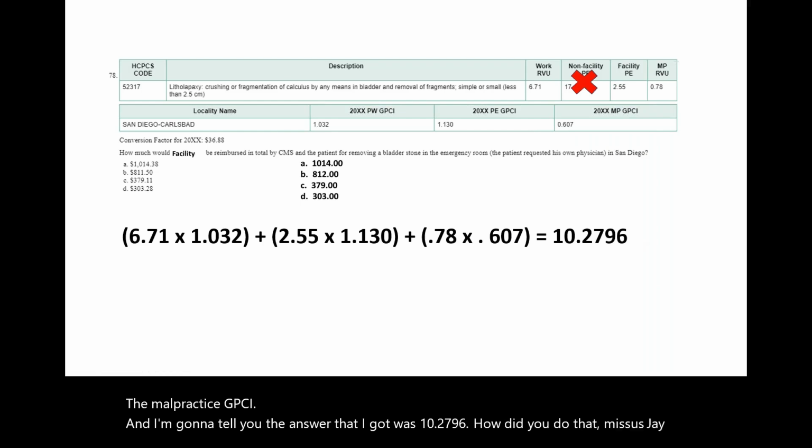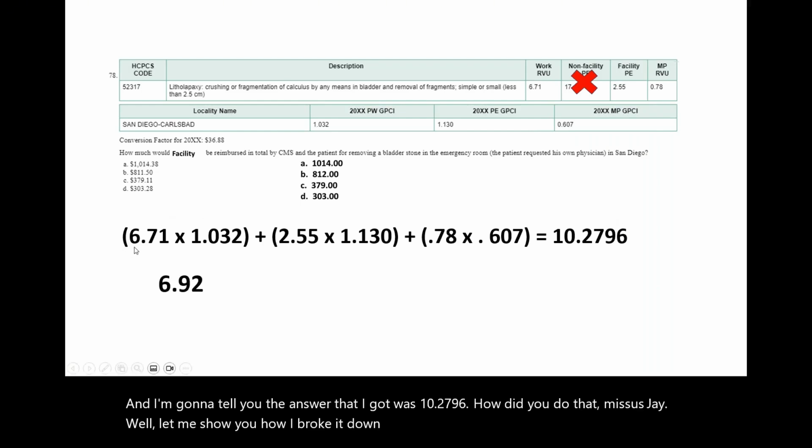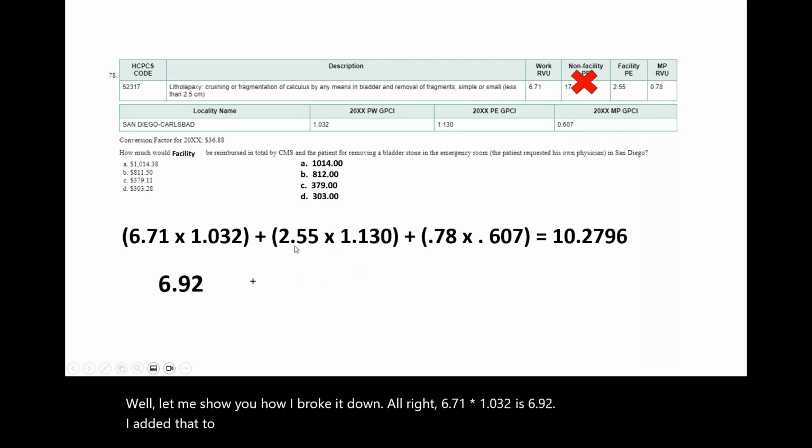How did you do that, Mrs. J? Well, let me show you how I broke it down. 6.71 times 1.032 is 6.92. I added that to 2.55 times 1.130. My answer is 2.88.